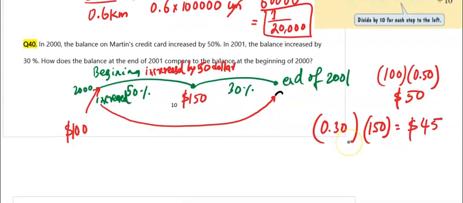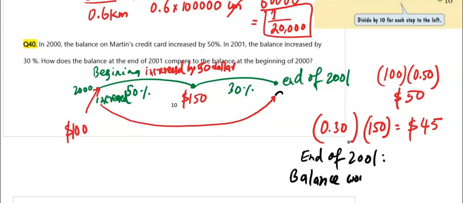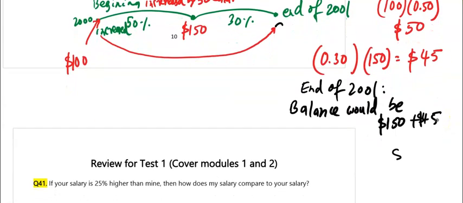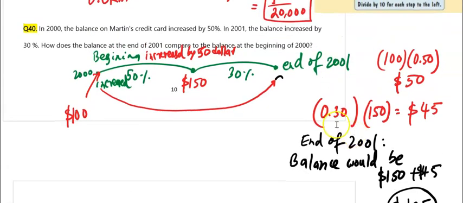So at the end of 2001, the balance would be $150 increased by $45, which is $195. So at the beginning of 2000, the balance is $100. After 2 years, the balance becomes $195.